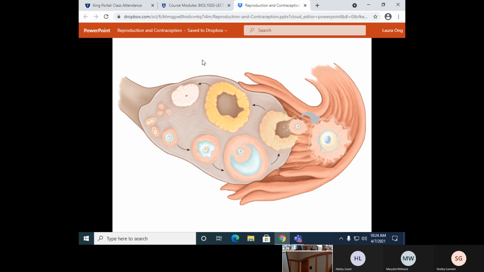So I'm going to erase this board. I need to take a picture of it. Because there's a lot of important things happening in this ovary and some important facts to know about egg production. Let me get the picture here.